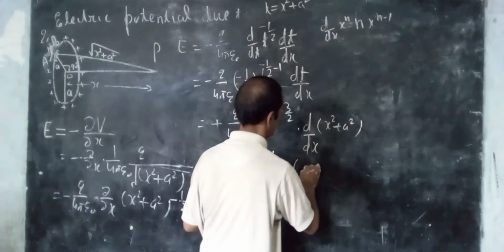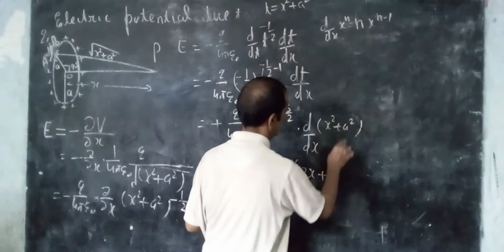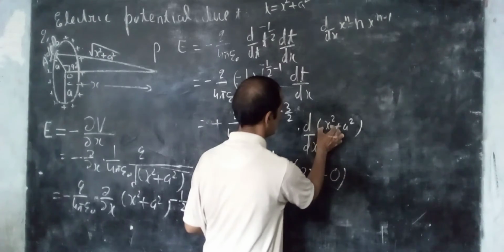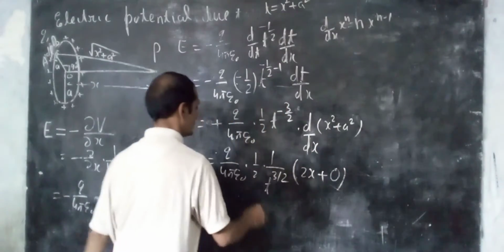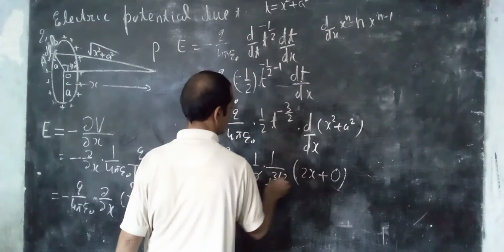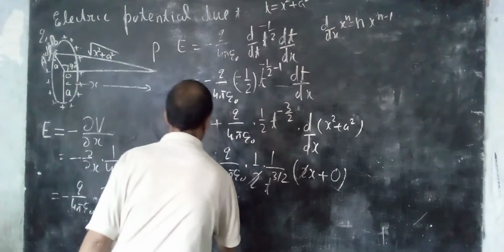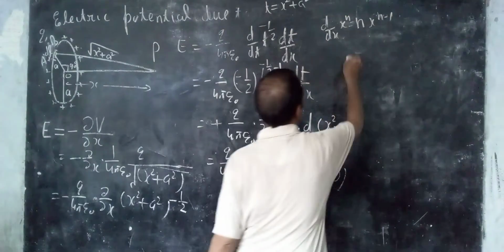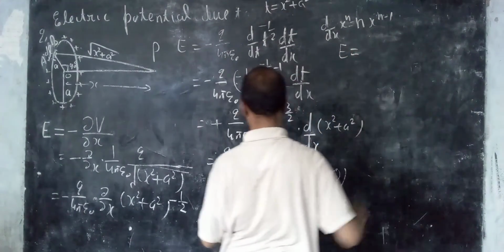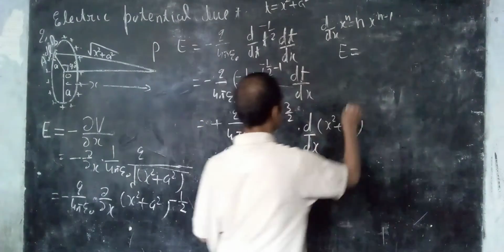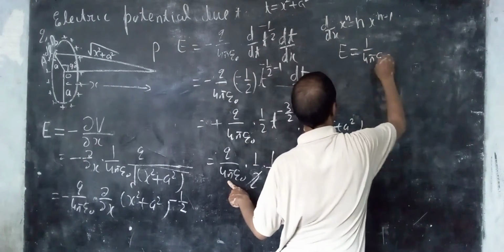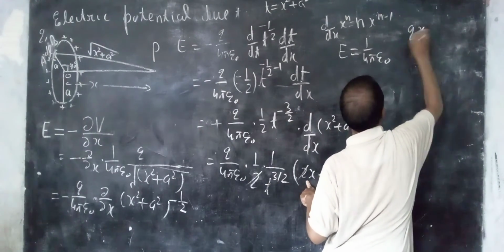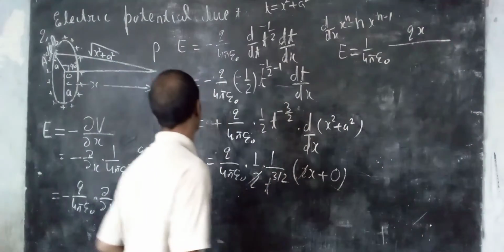Differentiate this. d by dx of x squared is 2x, and differentiation of the constant a squared is 0. So the 2 cancels out. So E is equal to 1 by 4 pi epsilon naught times q x upon t raised to power 3 by 2.